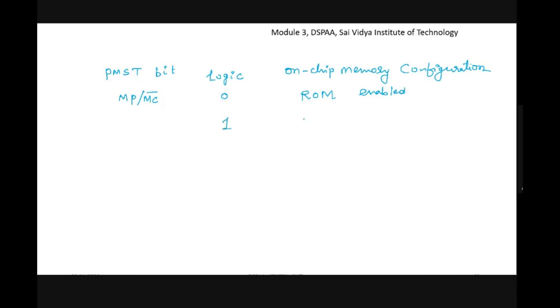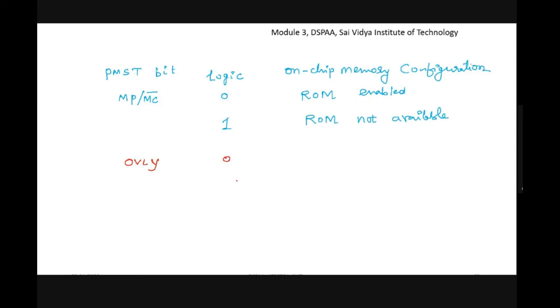If this bit is equal to 1, the ROM is not available. Whether the on-chip ROM is available or not depends on the MP/MC bar bit. Then we also have a very important bit called OVLY, RAM overlay.